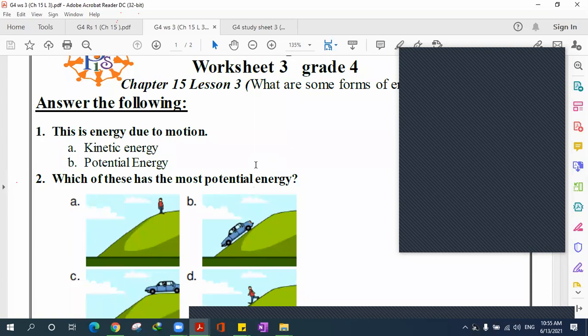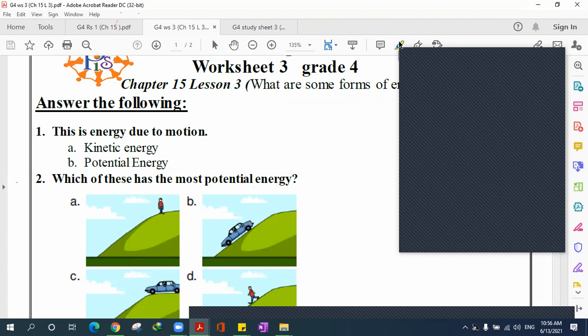Malak, number 1. This energy is because of motion, or due to motion. Is it called kinetic or potential energy? Number 1, sweetie. Can you see question number 1? The energy because of the motion, the moving objects.